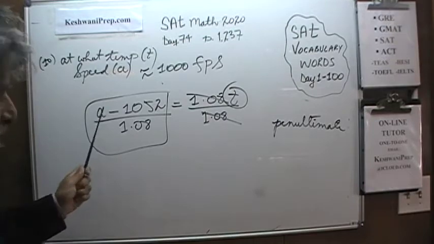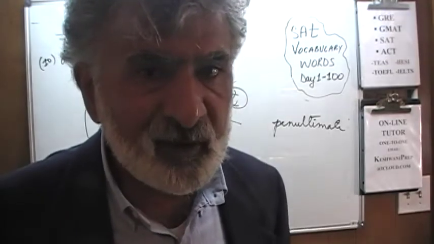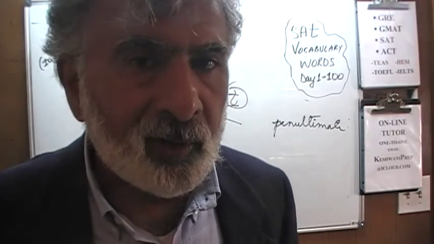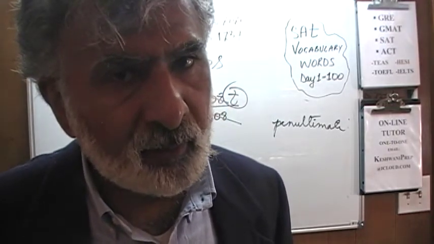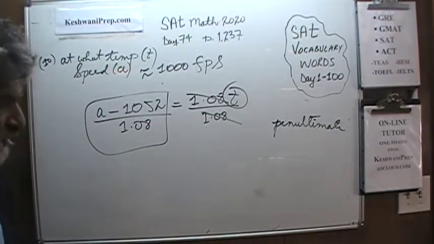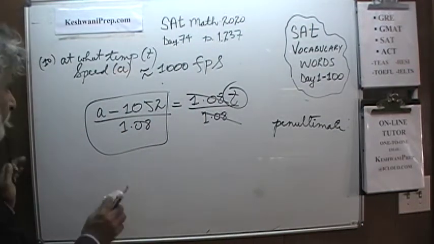The letter A represents the speed measured in feet per second. The question here is, at what temperature would this speed be approximately 1000 feet per second? Okay, they're asking for approximate, and that's exactly what we're going to do. We're going to look for an approximate answer.